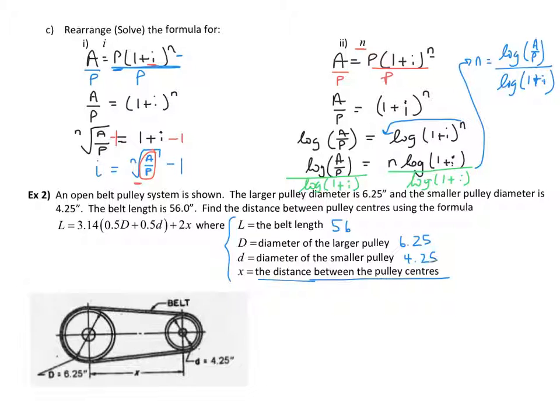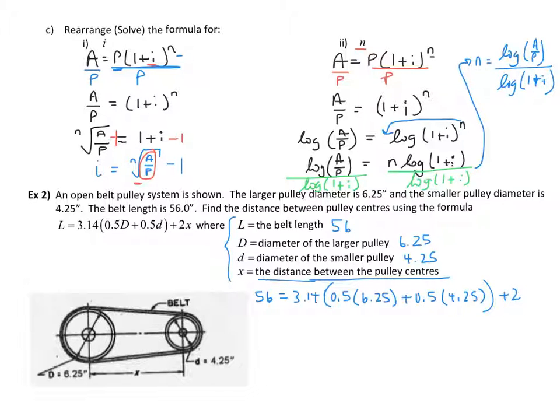So we're going to sub those values into the formula, which means I will have 56 being equal to 3.14 times the bracket of 0.5 times D, and D is 6.25, capital D that is, plus 0.5 times little d, which is the diameter of the small wheel. That's a big bracket. And then we have our plus 2x.